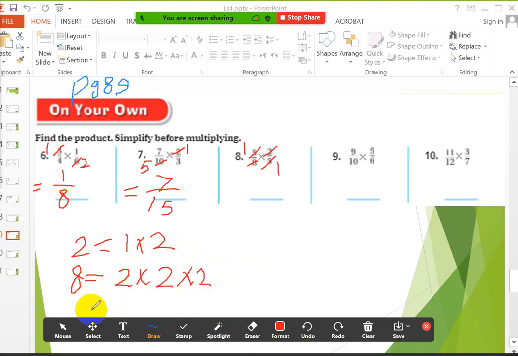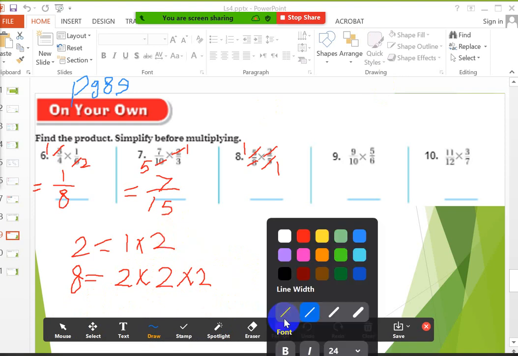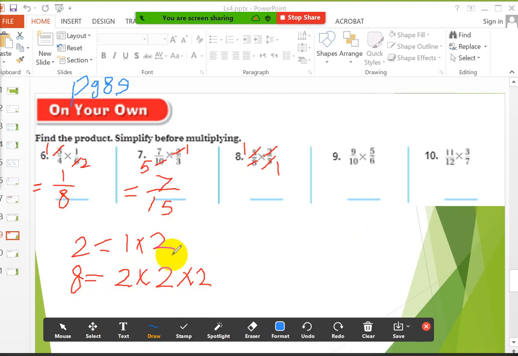But the point here is the common factor between those numbers. What is the common factor between them? The common number between the multiples is 2 and 2 right here. So I can divide both numbers by 2. This is the greatest common factor. So I will divide the numbers by the greatest common factor. 2 divided by 2, Tolene, is equal to 1. 8 divided by 2 is 4.